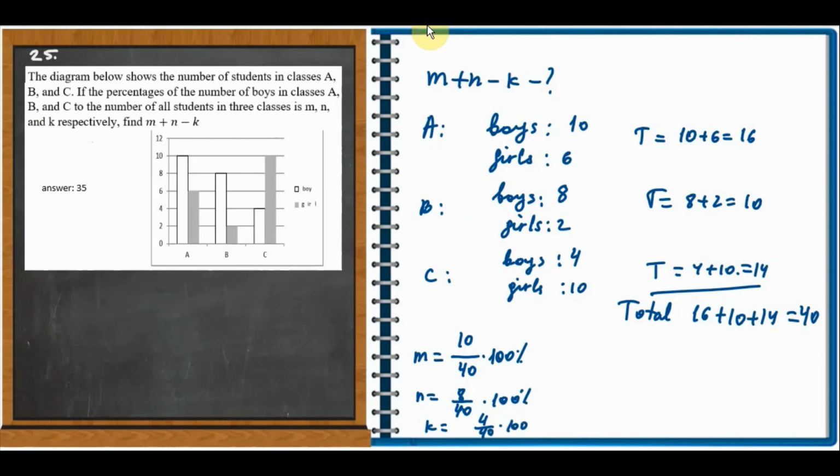So it's going to be 1 over 4 times 100, which is 25%, then 20%, and that is 10%. Now we need to find M plus N minus K, which is 25 plus 20 minus 10. So it's going to be 45 minus 10, it's 35. So the correct answer is 35.